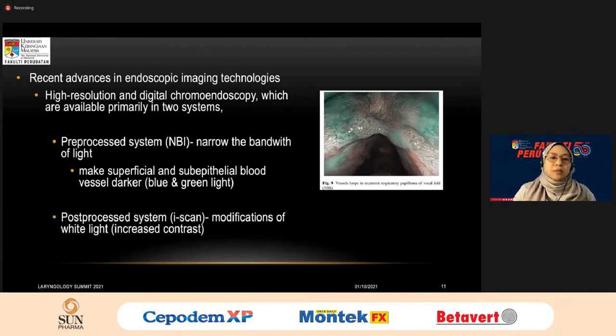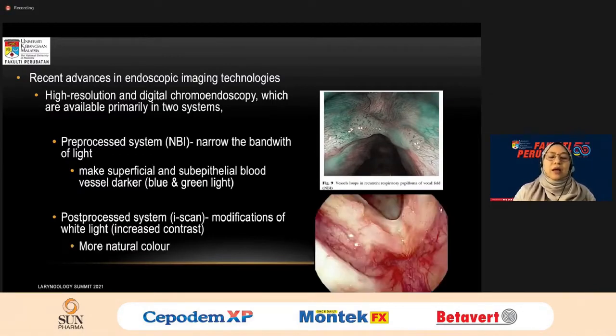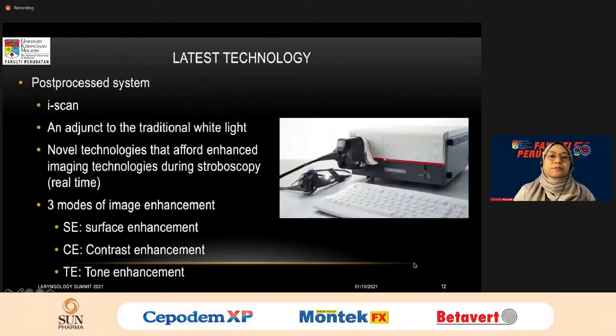Another system is the post-process system, which is used in eye scan. Instead of altering the wavelength, it modifies the white light by increasing the contrast. Therefore, the color is more natural. It's just a little bit more red than usual, and it enhances the vessels.